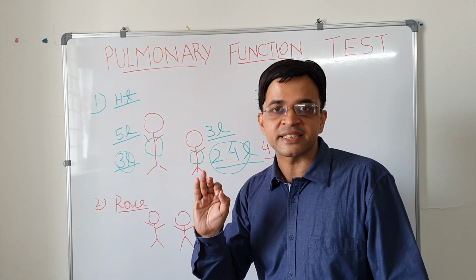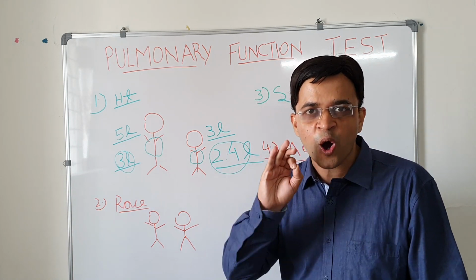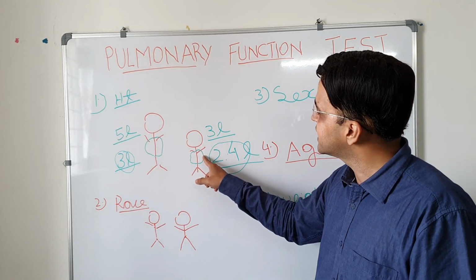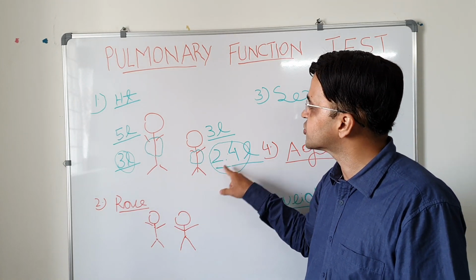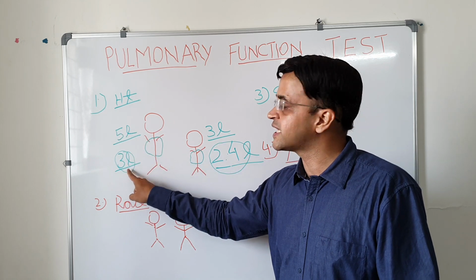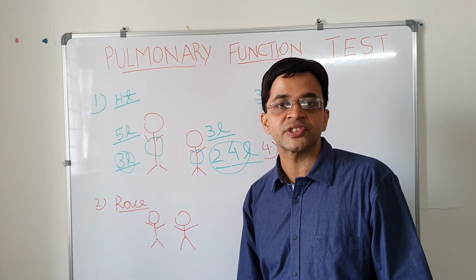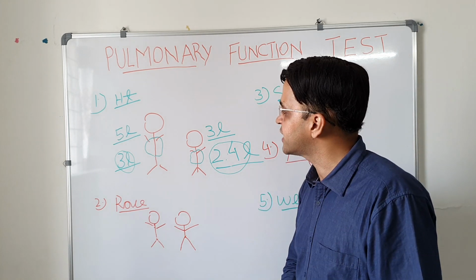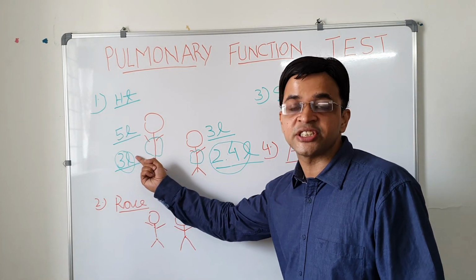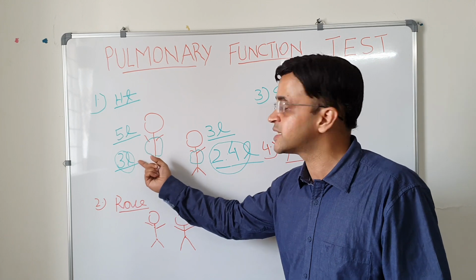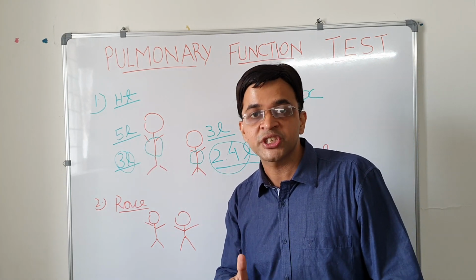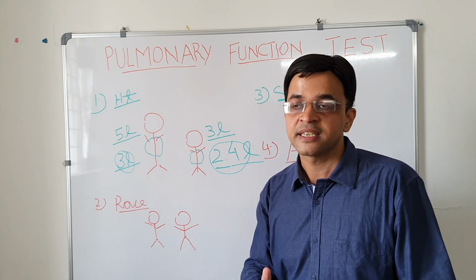Now, just by mistake, if we take only absolute values, then this guy is exhaling 3 liters, and this guy is exhaling 2.4 liters. So for any fresher, it will look like, oh, this guy is exhaling 3 liters, so his lungs must be better than this guy. But this is not the way pulmonary function test interpretation is done.